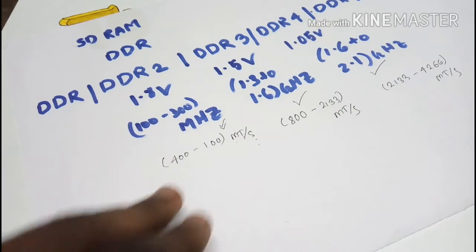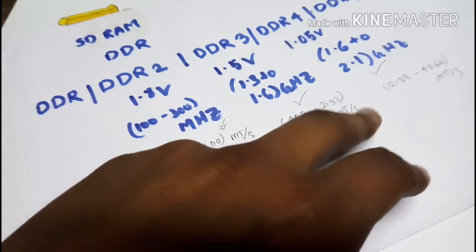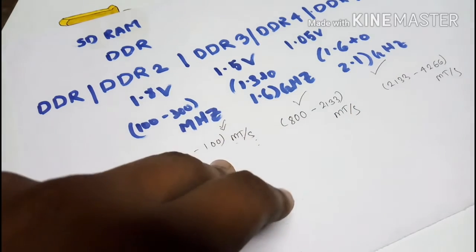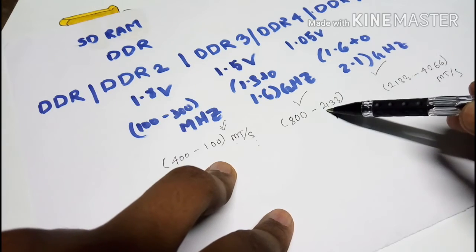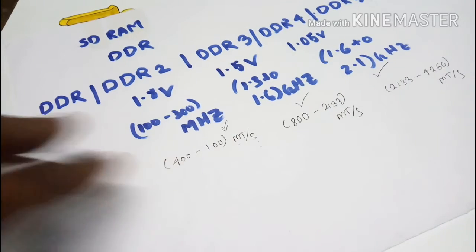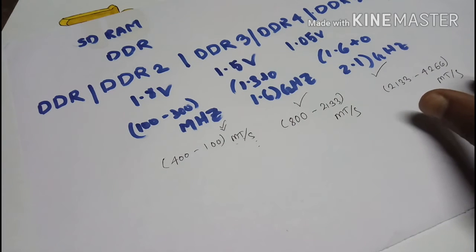So as you can see, DDR3 RAM can transfer files at a much better rate than DDR2, and DDR4 RAM is much faster than DDR3. So if you are going to buy a smartphone, always opt for the DDR4 one.